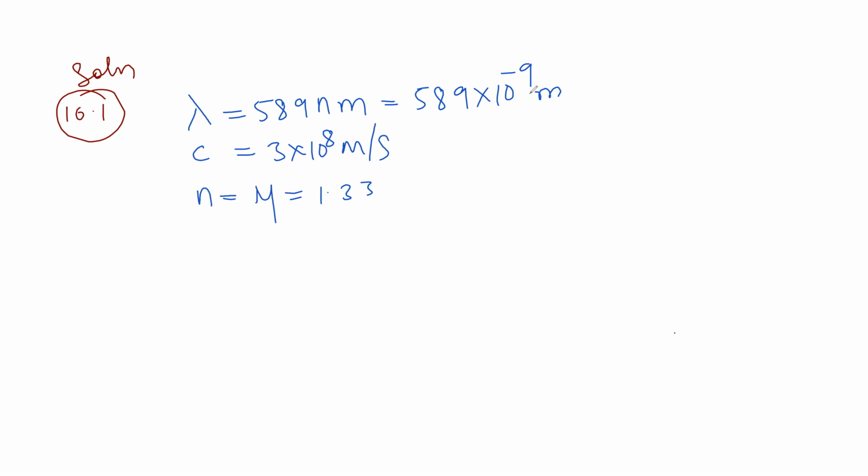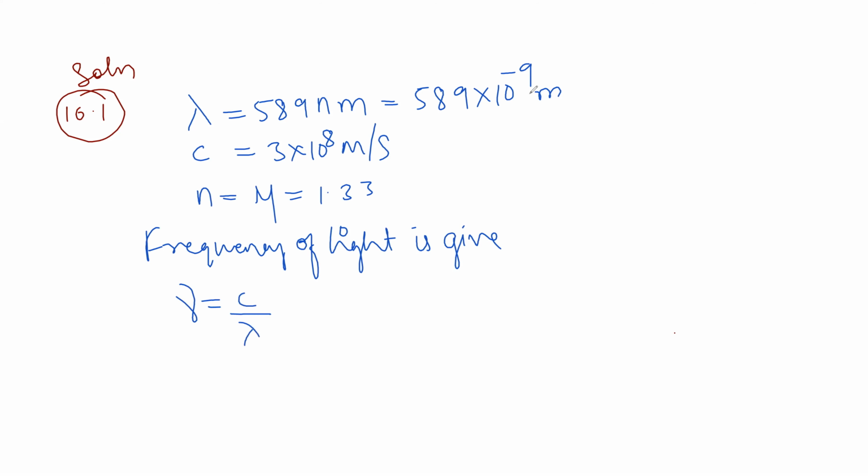So we know frequency of light is given by the formula, frequency nu is equal to c divided by lambda. Already we know velocity of light is 3 into 10 to the power of 8 and wavelength we converted, 589 into 10 to the power of minus 9 in terms of meter.